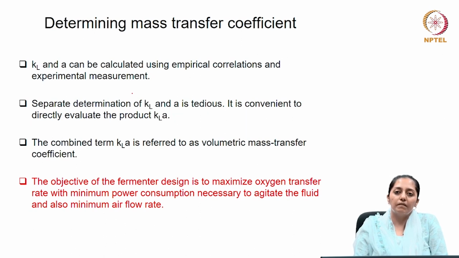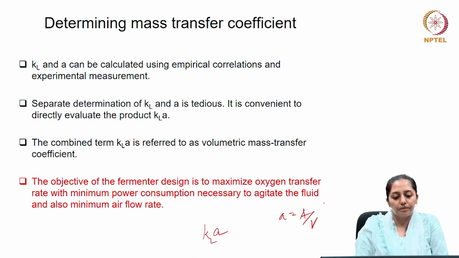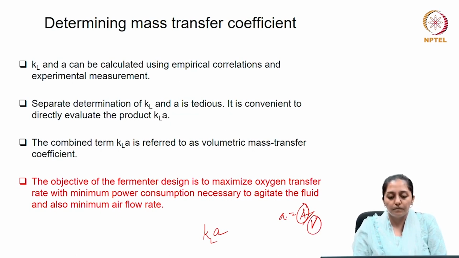Now how do we determine the value of the volumetric mass transfer coefficient? The volumetric mass transfer coefficient is a club of two constants, the mass transfer coefficient and the small a factor, which is nothing but A by capital V, where A is the area for mass transfer and V is the volume. Now KL and A can be calculated using empirical correlations and also via experimental measurements.